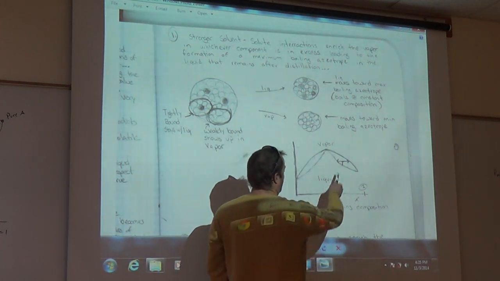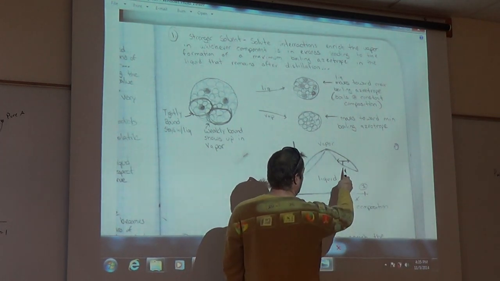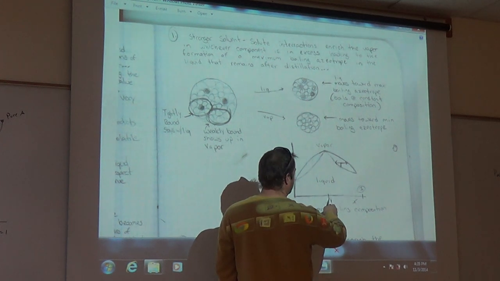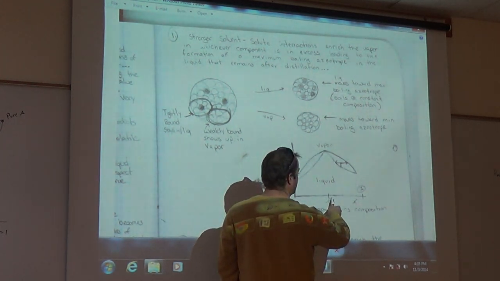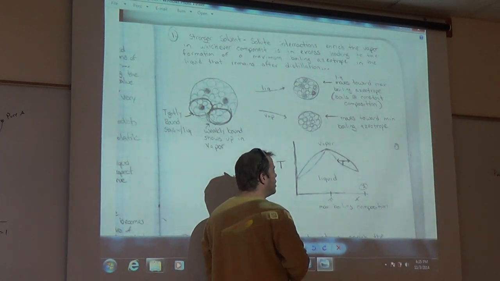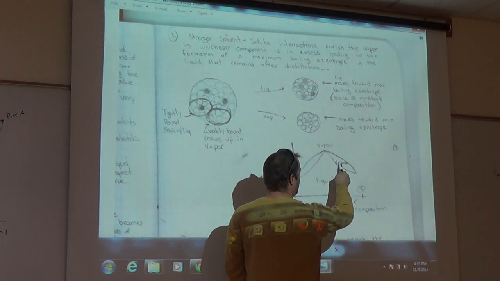So you look at this guy here, and say whatever mole fraction this is, it's our maximum boiling mole fraction. This one has more component A than it needs to be at the maximum. So you take a sample of this particular mole fraction right here and you heat it up.